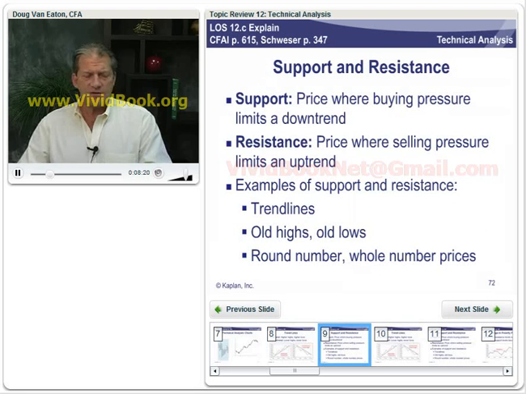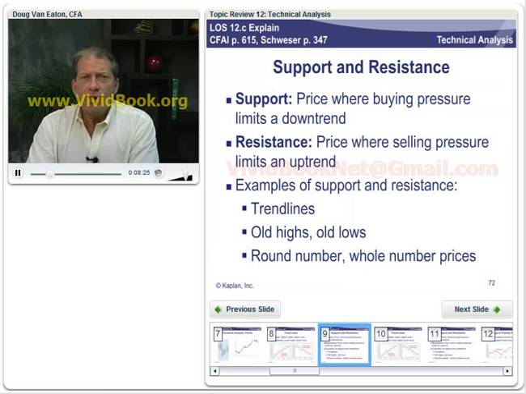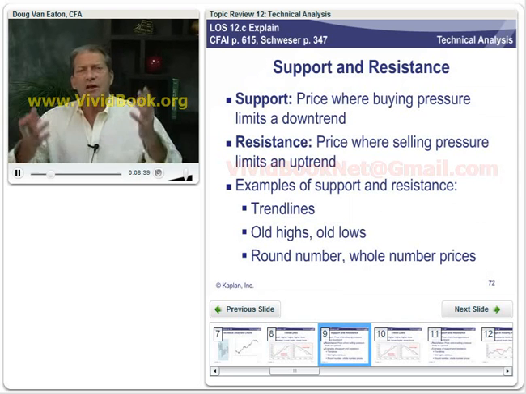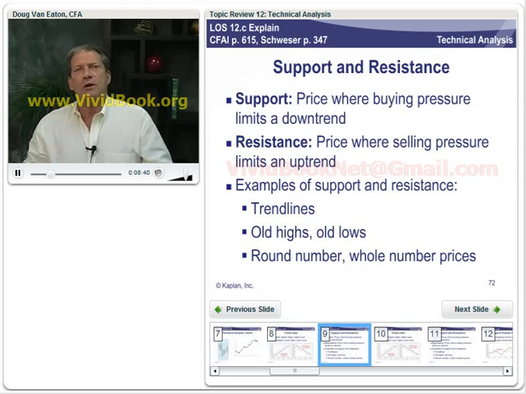The ideas of support and resistance are important in technical analysis. When we talk about support, it's a price where buying pressure limits a downtrend. And resistance, a price where selling pressure limits an uptrend. So resistance to upward movements and support from falling further.